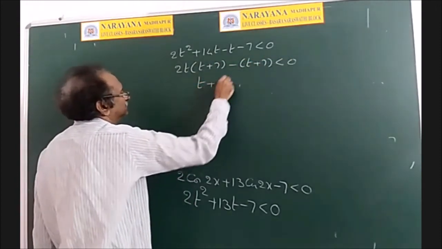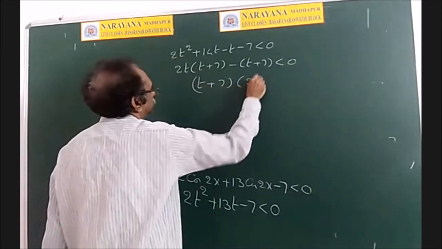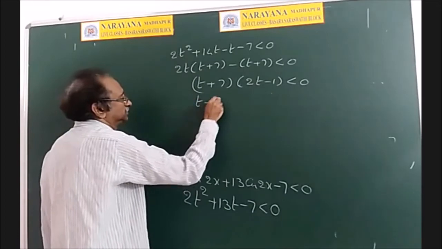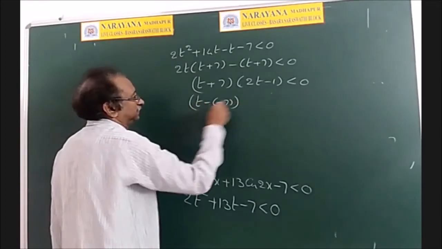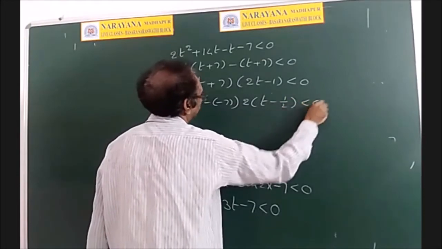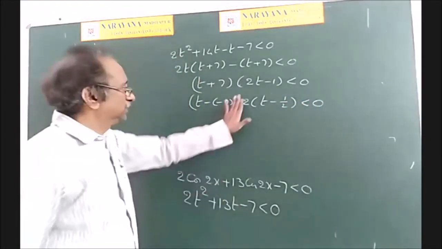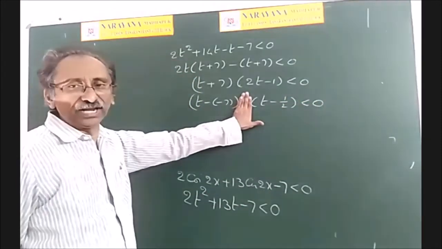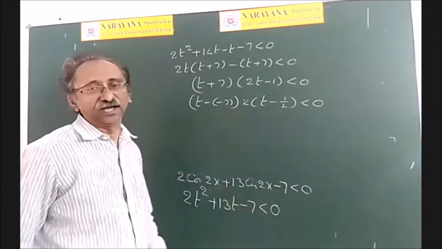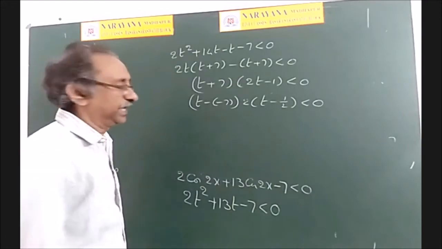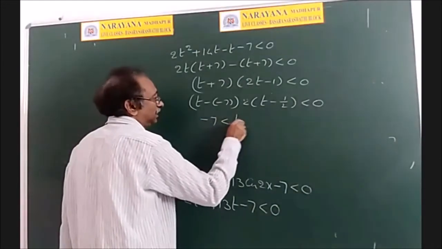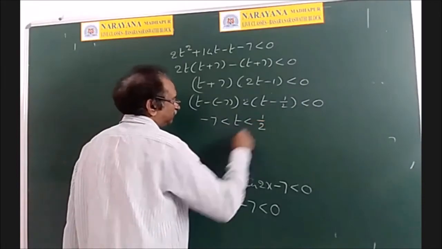That is t plus 7 into 2t minus 1 less than 0. So this is t minus of minus 7, 2 into t minus 1 by 2 less than 0. So 2 is positive, so you can neglect that. This is x minus alpha into x minus beta less than 0. So x should lie in between alpha and beta. Therefore, minus 7 less than t less than 1 by 2.